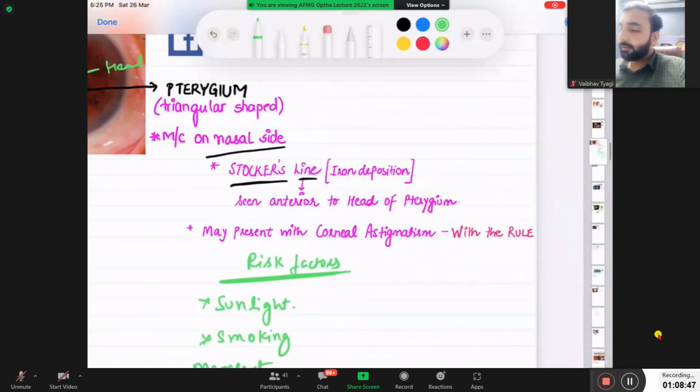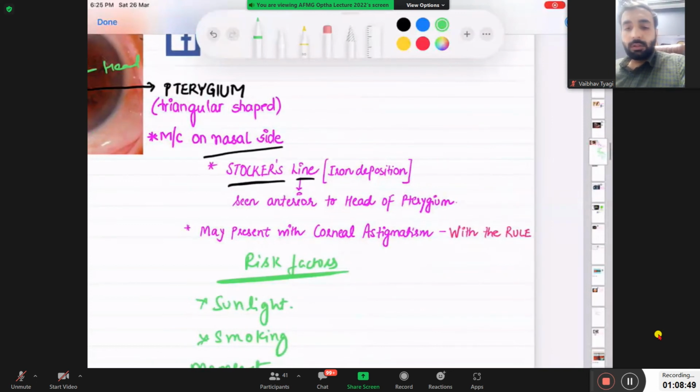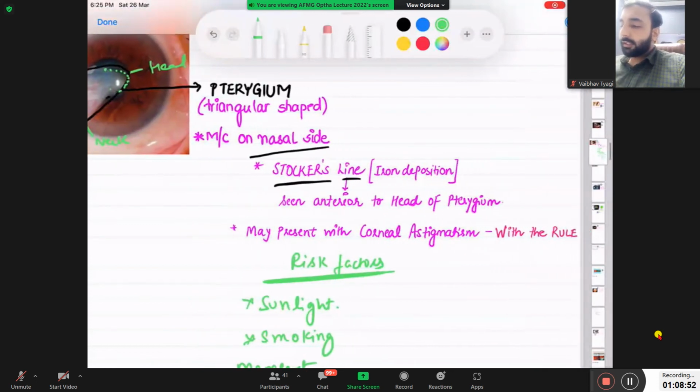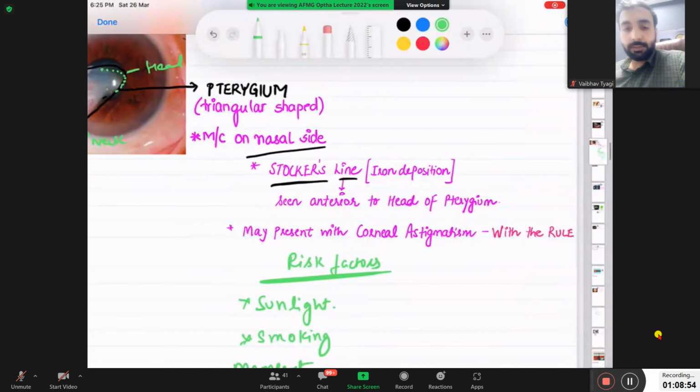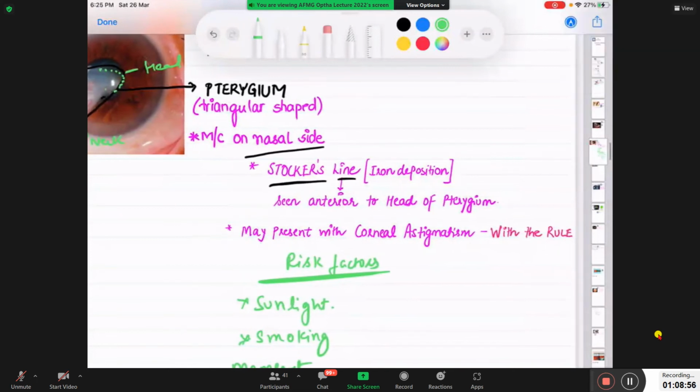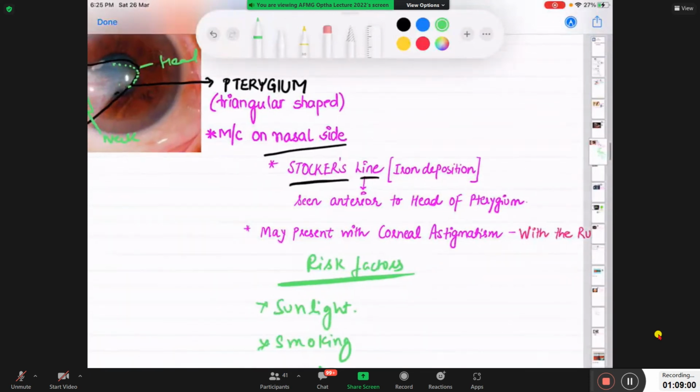Which type of corneal astigmatism is seen? With the rule astigmatism. Not against the rule.